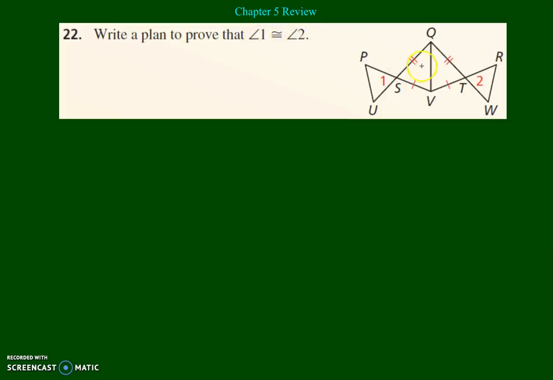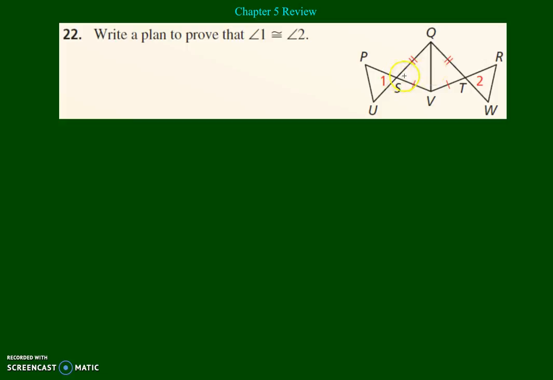So taking a look at this, again, with the process of trying to absorb as much information as possible about the figure, we can see that this side is congruent to this, to this. That makes QV congruent to itself, and these two triangles then would be congruent by side, side, side congruence.